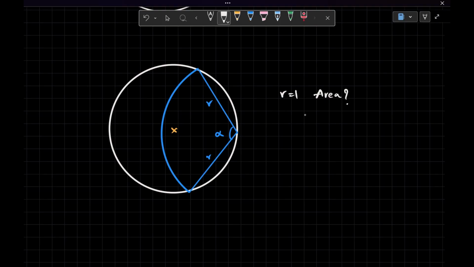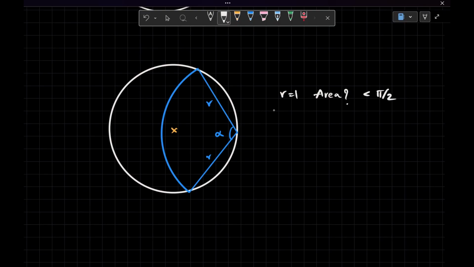You don't have to calculate the area here to comment on it. We don't need the exact answer. If r is equal to 1, then obviously this blue line will pass through the center, and that area will be less than pi by 2.